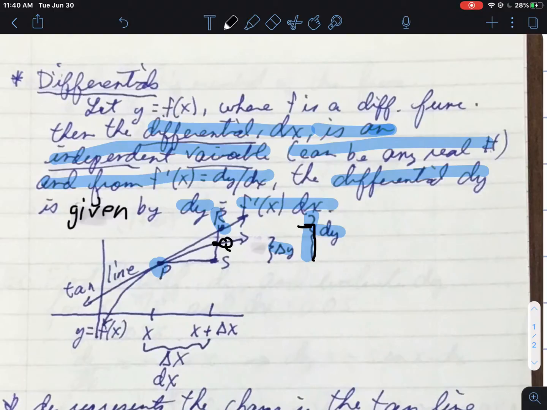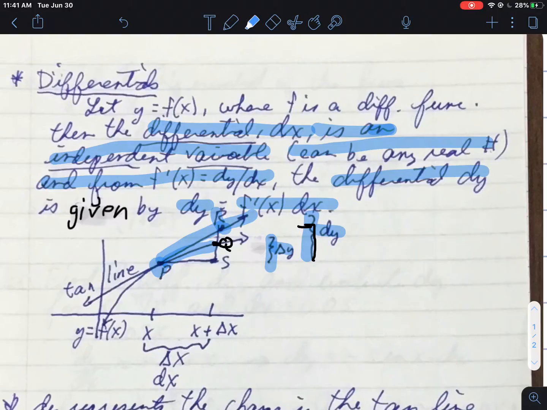Then you have delta y, which is the actual amount that the curve would change, the y value along the curve, y equal f of x, between the 2 points on the curve, P and Q. So as we move along this curve from P to Q, the y value changes by some amount. That's delta y. So dy and delta y are two different things, right? Dy is how much the tan line changes, or how much the y value changes along the tan line.